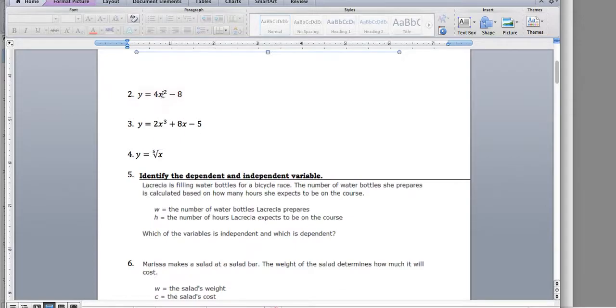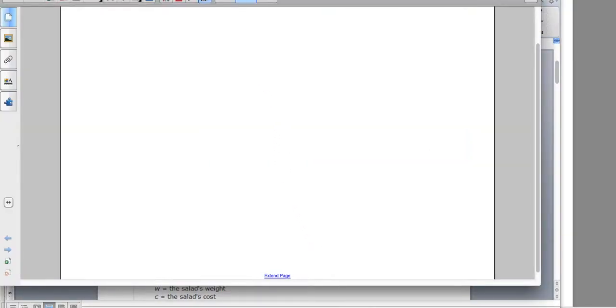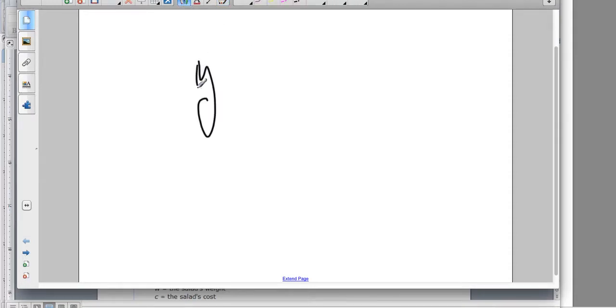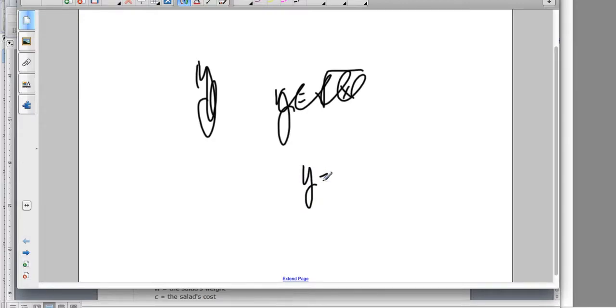You have to determine if you put in an x value, are you going to get a unique y value? So if you got something like this equation, if I gave you something like this, if I put in an x value of, let's say, 2, so if x equaled 2, then y would equal 4.